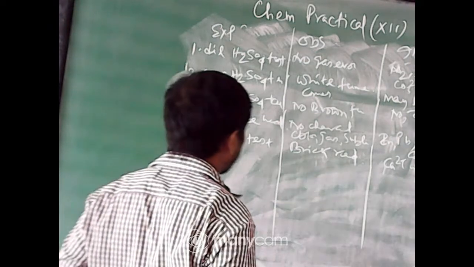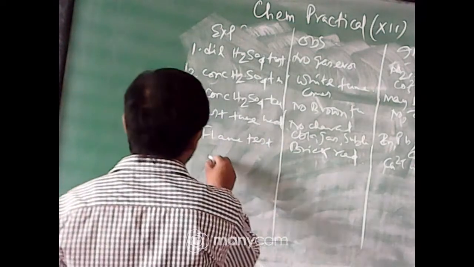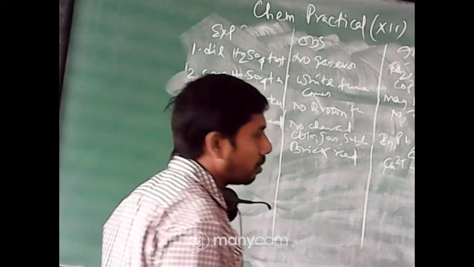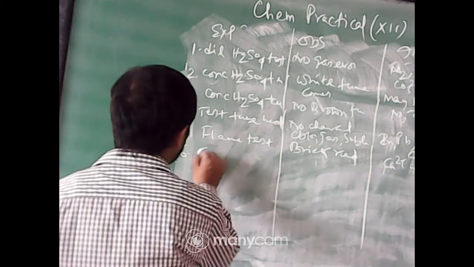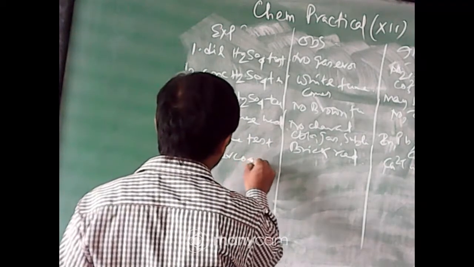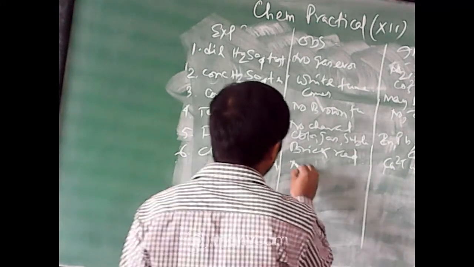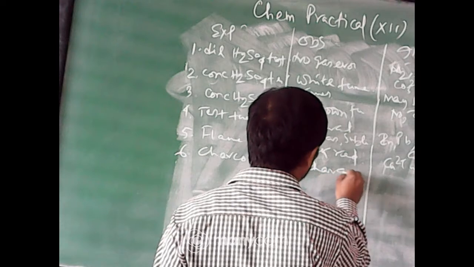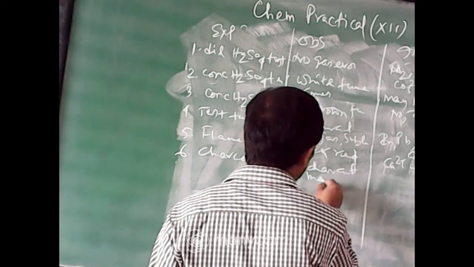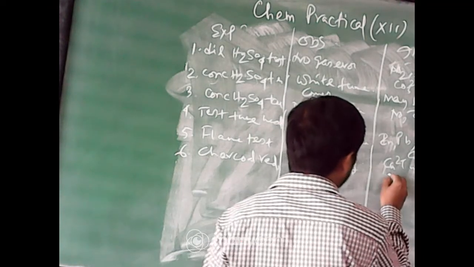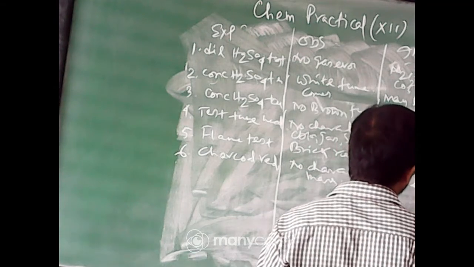Next is number 6, after the flame test, this is the charcoal reduction test. Charcoal reduction. Here no characteristic color or characteristic mass or residue, that is copper 2 plus etc. absent.